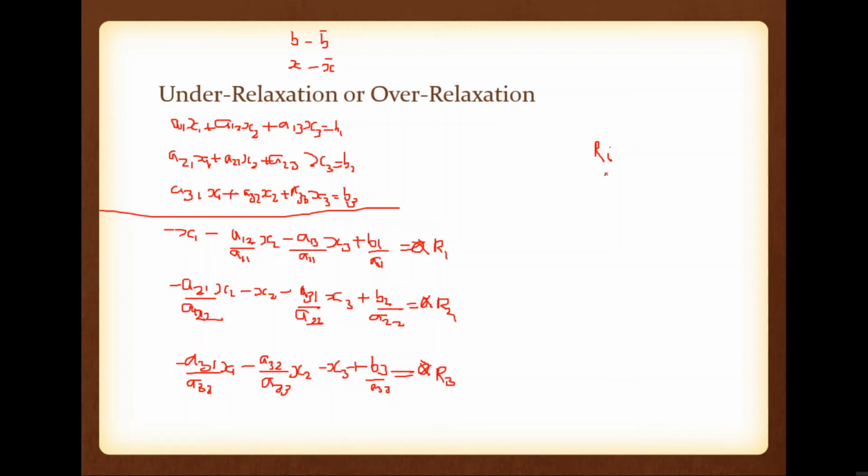So we modify the ith variable: xi equals xi plus Ri. This is the relaxation method that we discussed in the last class, the normal relaxation method. During the n plus 1 iteration, the x value that we get is xi n plus 1 equals its initial value xi n plus Ri n.